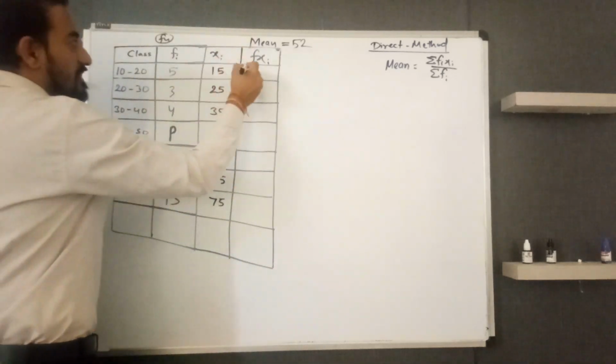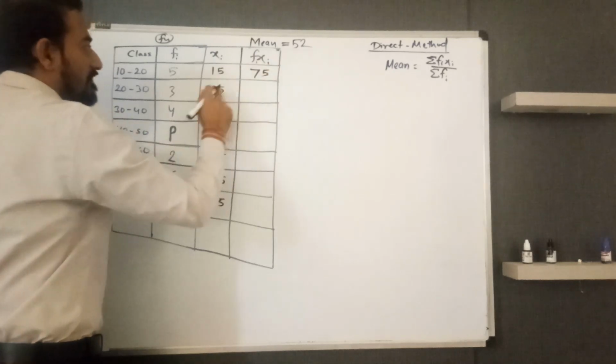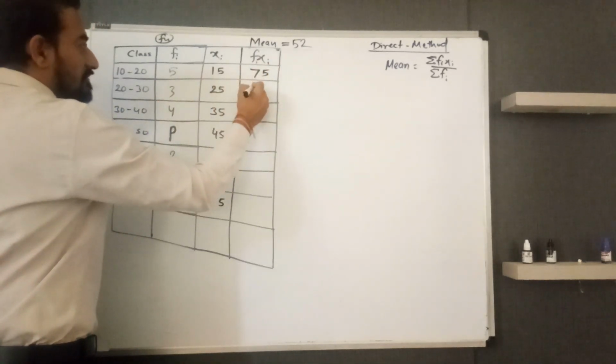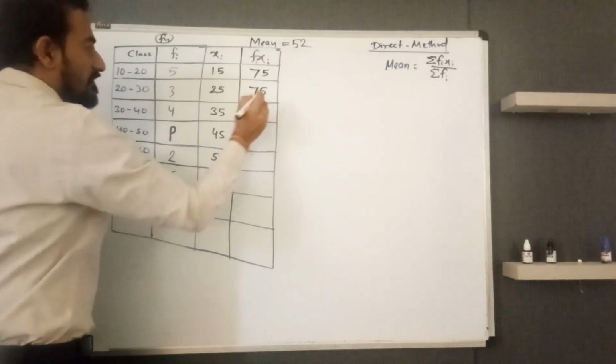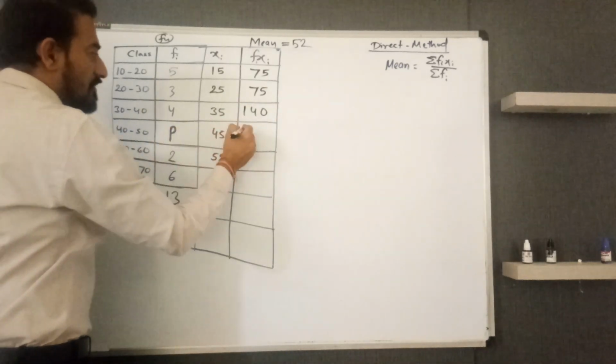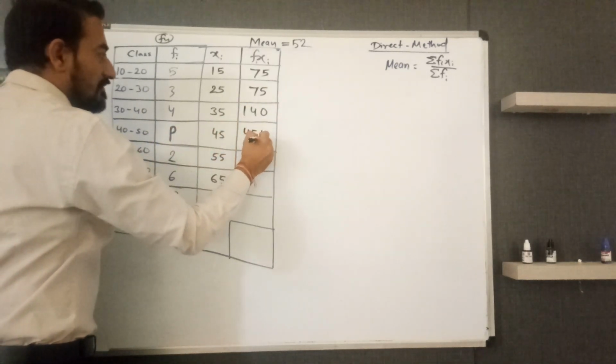So 15 times 5 is 75, 25 times 3 is 75, 35 times 4 is 140, 45 times P as it is.